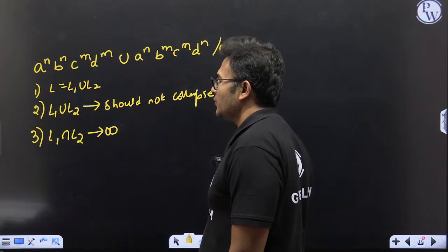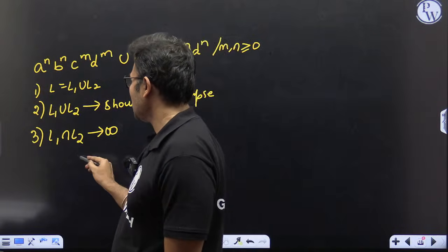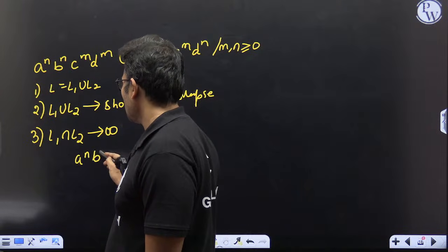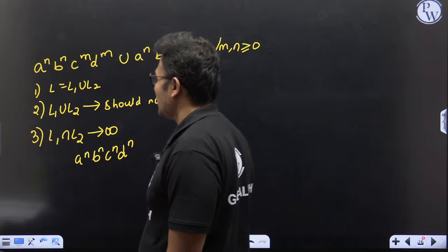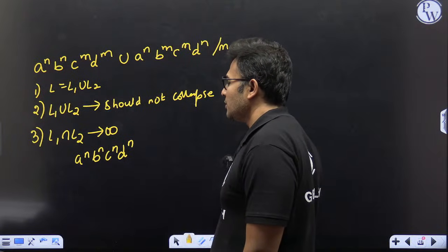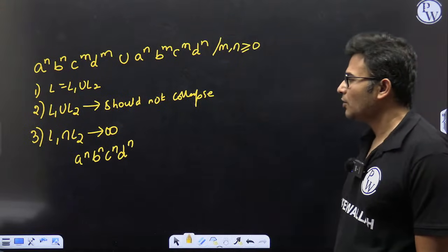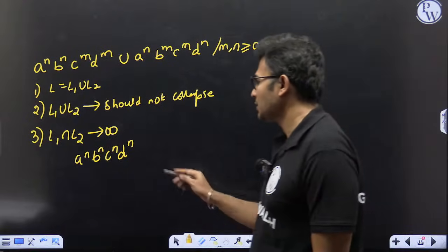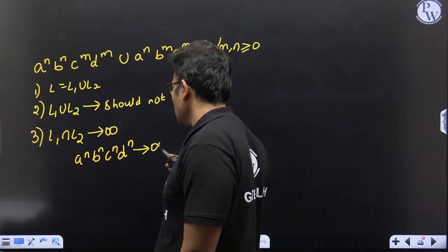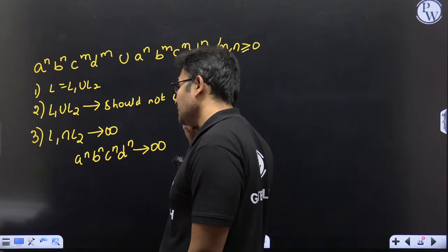So in this language, L1 intersection L2 is infinite. Why? L1 intersection L2 is A power n, B power n, C power n, D power n, right? So this is infinite. All three conditions are satisfied.